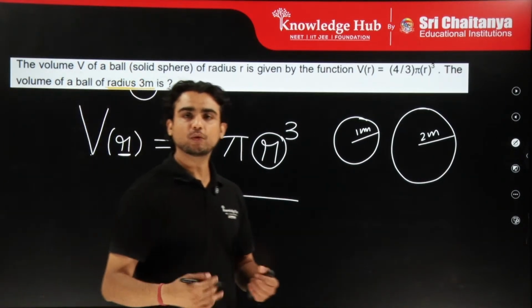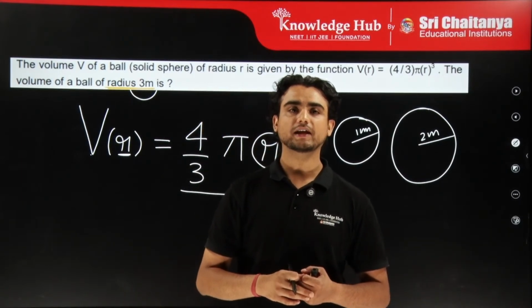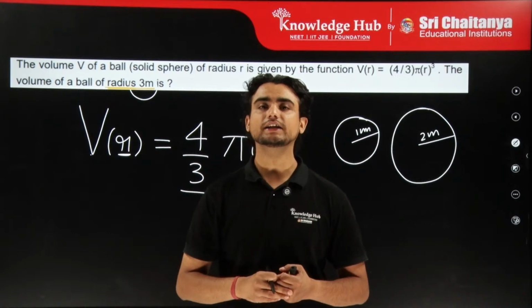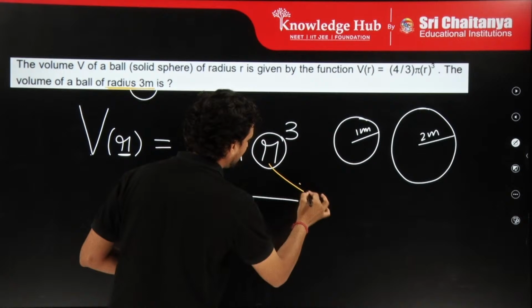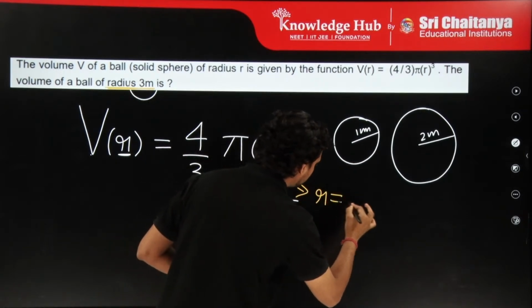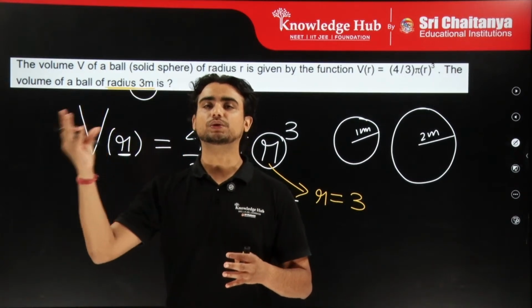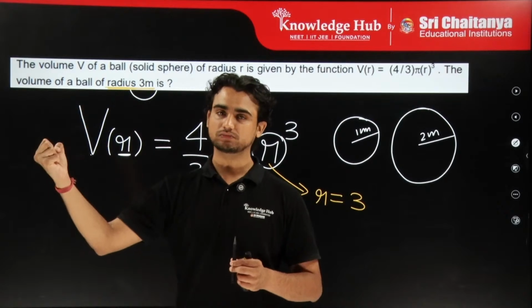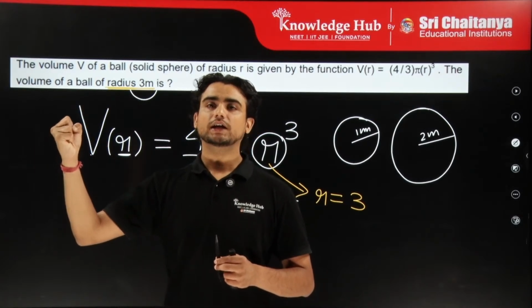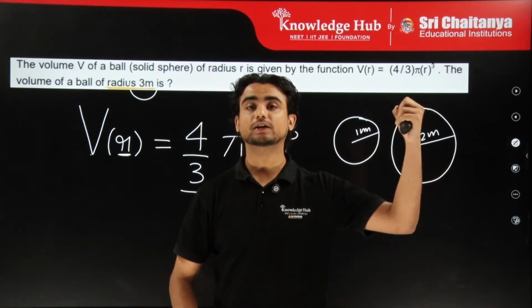So now I am fixing my input, and that input is r equals 3. What is this similar to? It is similar to picking a fruit. Let's suppose I have picked a mango fruit. Since my fruit is fixed, the output will be fixed, that is mango juice.